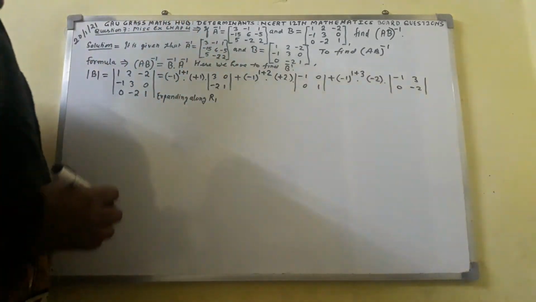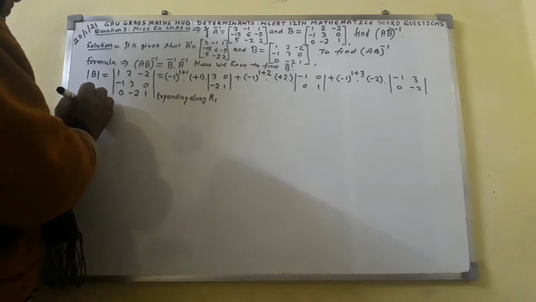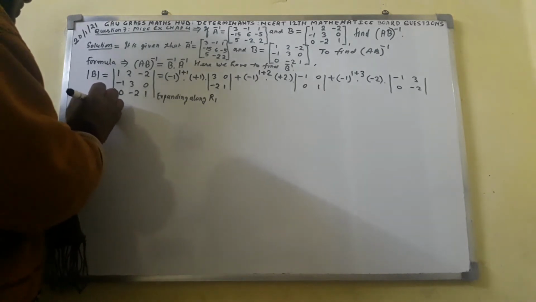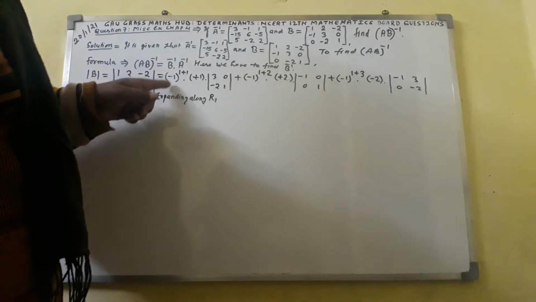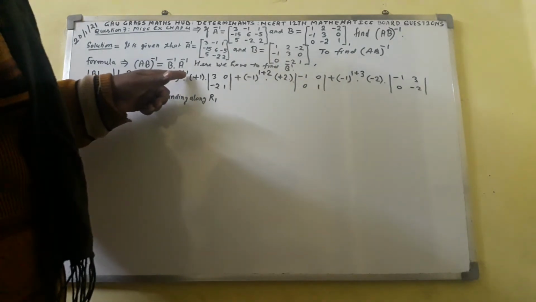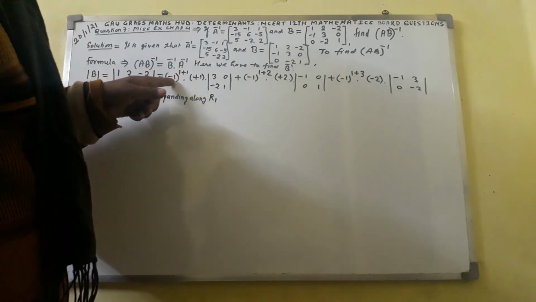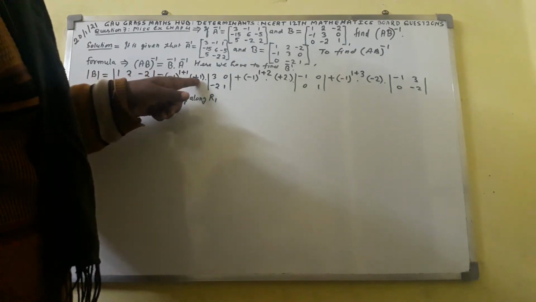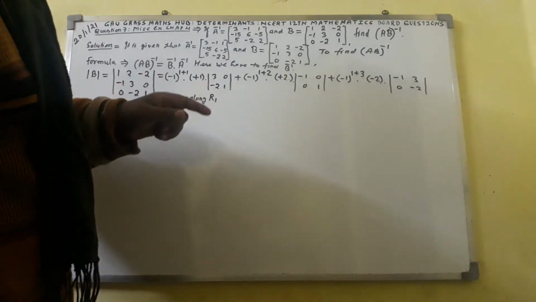Now what to do next? Next here I shall write determinant of matrix B equal to: here you can see -1 raised to the power 1 plus 1. 1 plus 1 comes out to be 2. -1 raised to the power 2 comes out to be 1. 1 will multiply to 1, you will get 1. And this is the minor matrix.